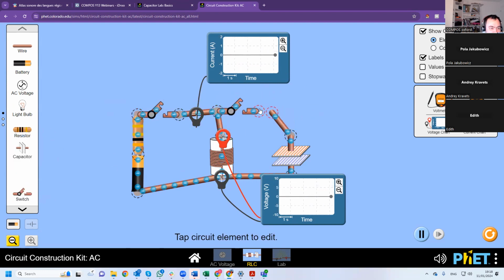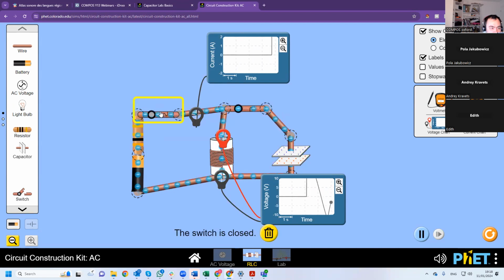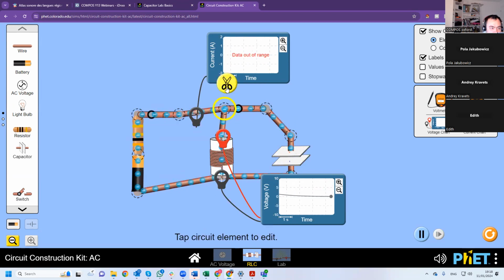Let's just compare. So let's say we charge the capacitor. Can we charge the capacitor? Okay. Let's say we charge the capacitor.